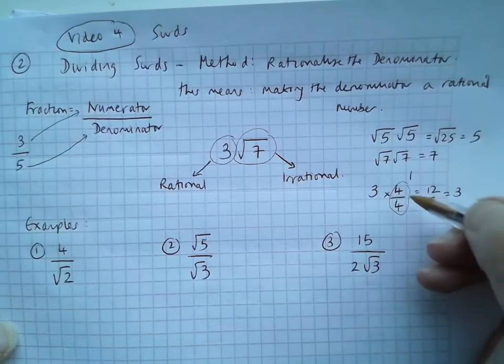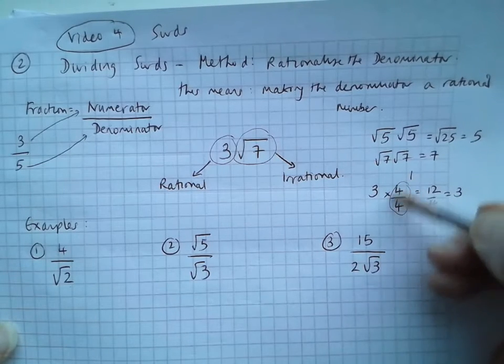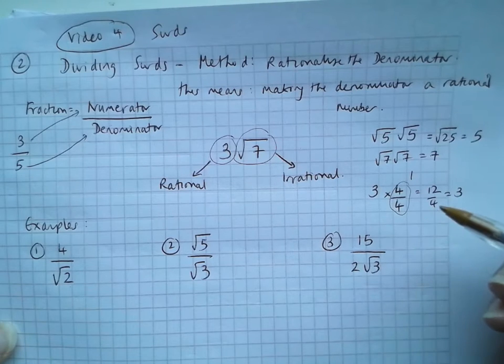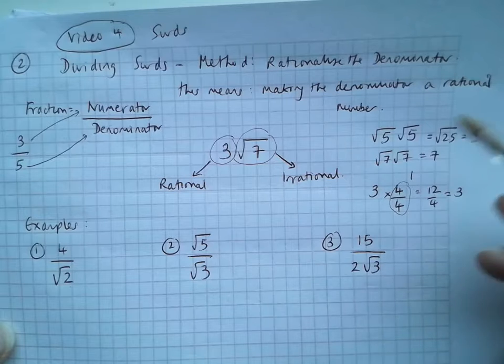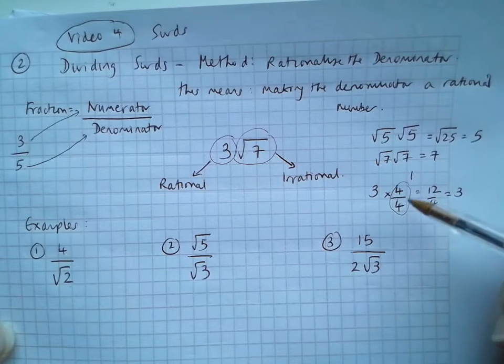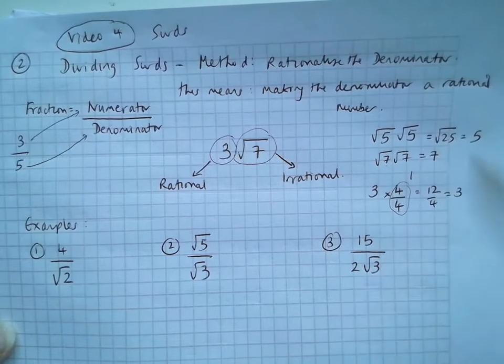So we can multiply a fraction above and below by the same number and it doesn't change it, and by multiplying a surd, or an irrational number, by itself, it changes it to a rational number.